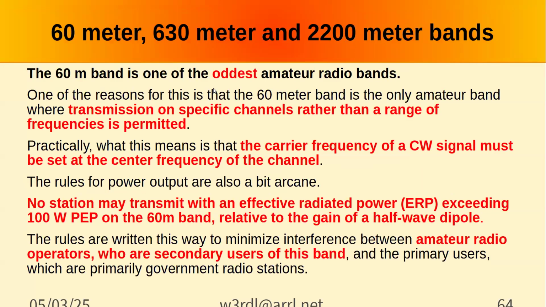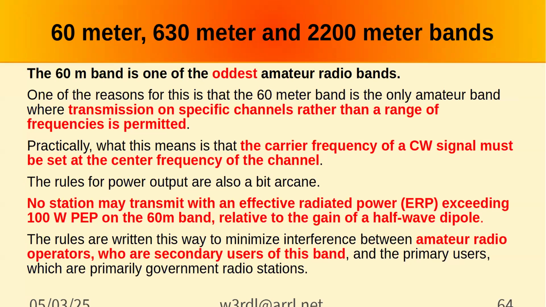Okay, the 630 and 2200 meters. Really don't know a whole lot about those. You are limited to 100 watts peak effective power on the 60-meter band. It kind of includes 60 with these other odd ones.